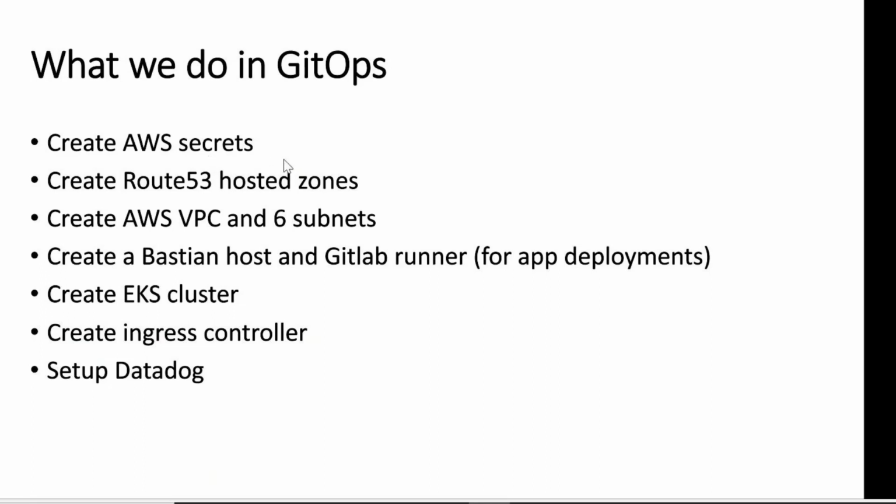What kind of secrets are we creating? Let's say our AWS environment wants to talk with Datadog, so we create Datadog secrets. Our EKS cluster wants to talk with the JFrog Artifactory, so we create the JFrog Artifactory credentials, and we need some values related to Route 53, which we will add.